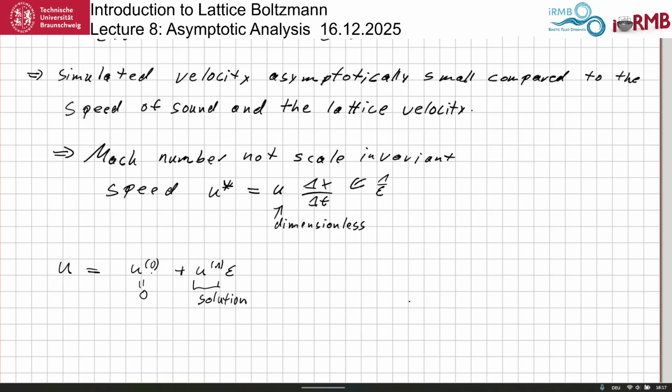In practice, what your decision means is if you decide that u0 is your result, then you would keep the same initial and boundary conditions for u when you refine your grid. When you say that u1 is your result, then you would change together with epsilon your initial and boundary conditions in order to enforce that u becomes smaller when you make your grid smaller.